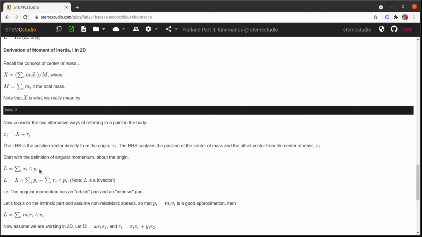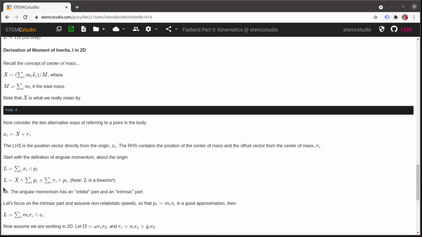This is the definition for angular momentum, and we just start with that. We can make a substitution for little x, big X plus r_i, and then we can just factor the two out because of the distributive law.